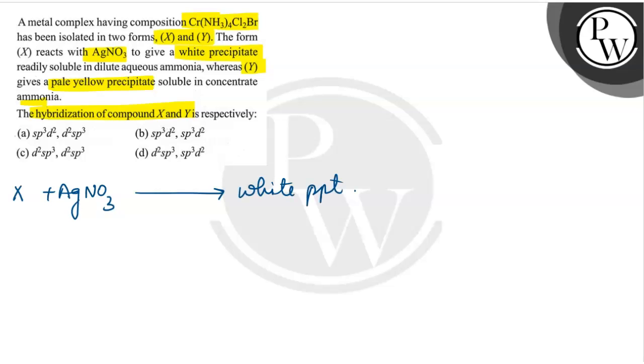We use AgNO3 to distinguish which outer sphere ion is present in the complex. A white precipitate means the formation of AgCl, so the outer sphere ion of our X complex should be Cl negative.